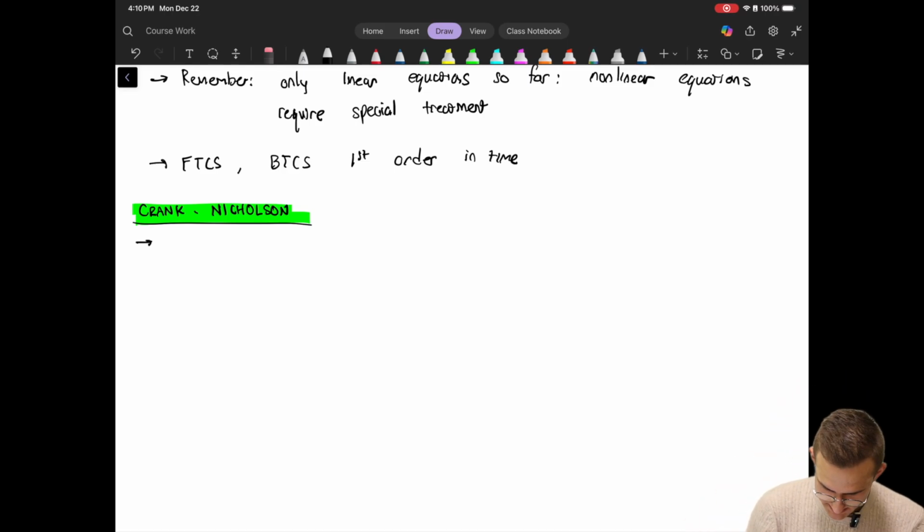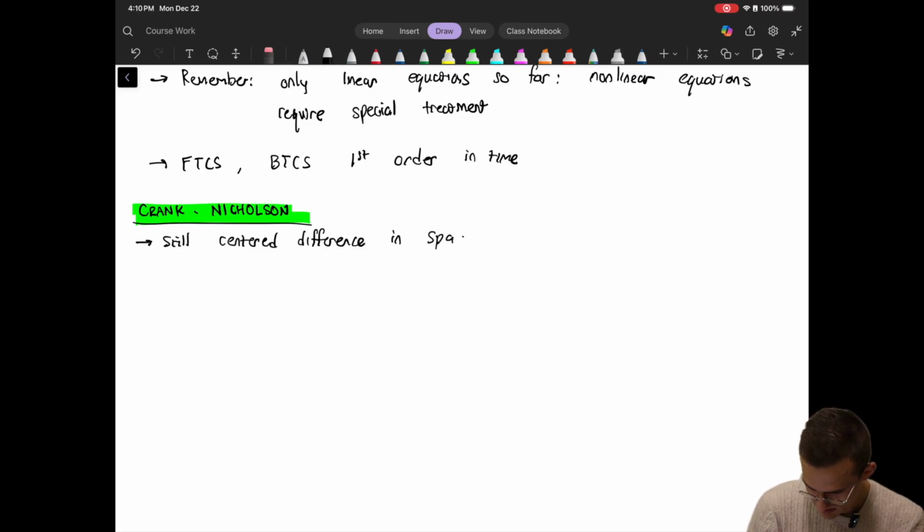So this is still centered space, or center difference in space, but trapezoidal in time.